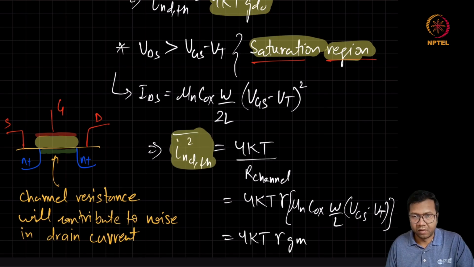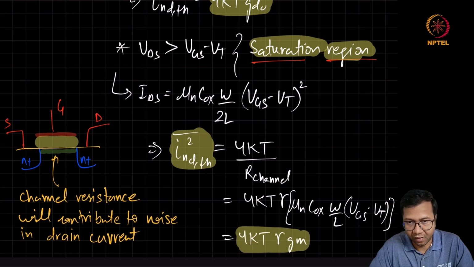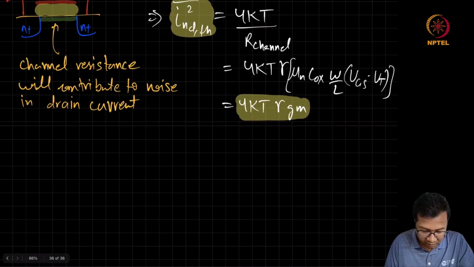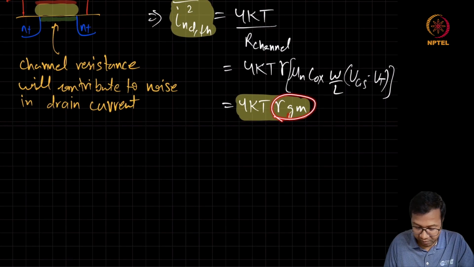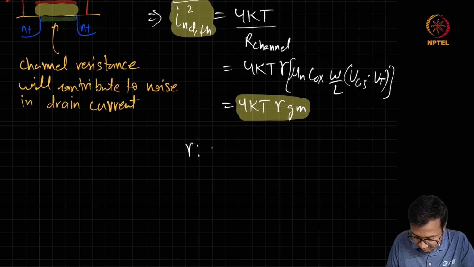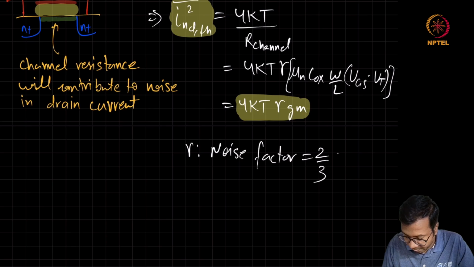Thermal noise in the saturation region is also very similar to the noise which we have seen in the linear region, just that we have replaced the GD0 with this gamma GM, where gamma is the noise factor, and it is equal to 2/3 for a long channel MOSFET.